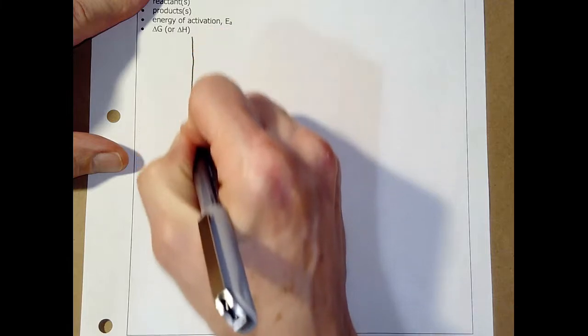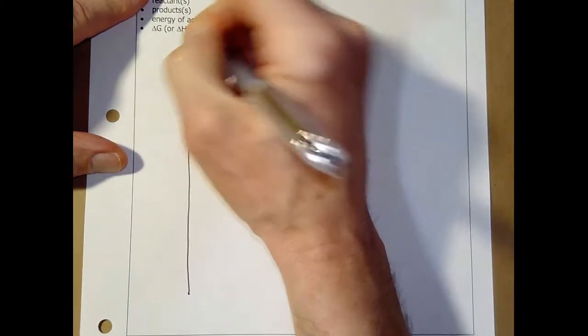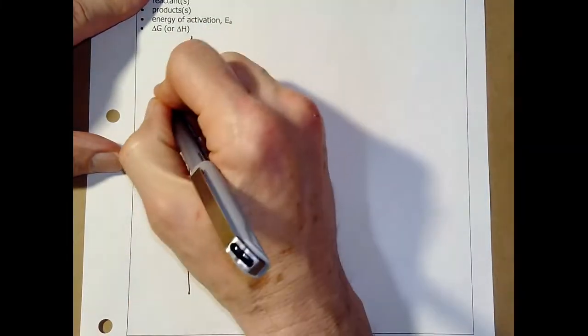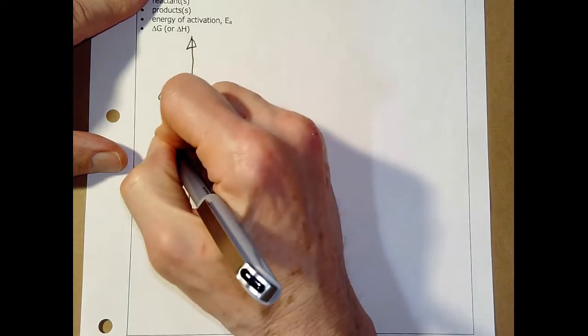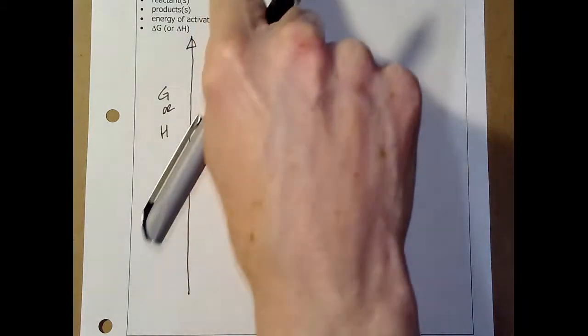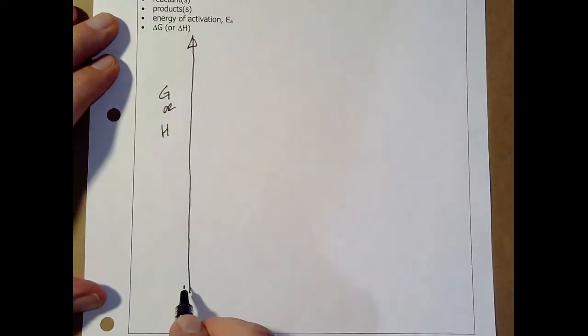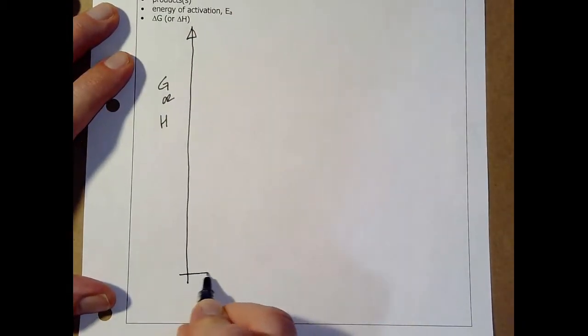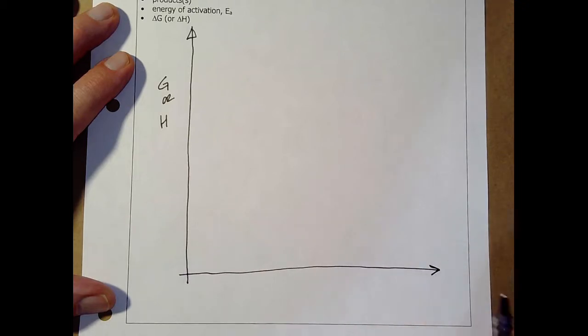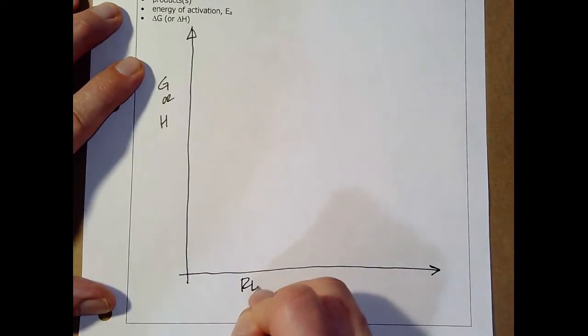I'm going to go bigger. I'm going to draw a vertical axis, and this is basically G or H. Gibbs free energy or enthalpy. Going up, down. At the bottom here, I'm going to say reaction progress.